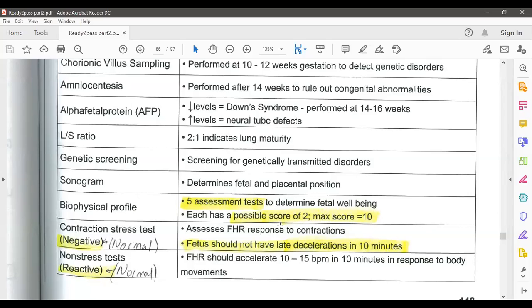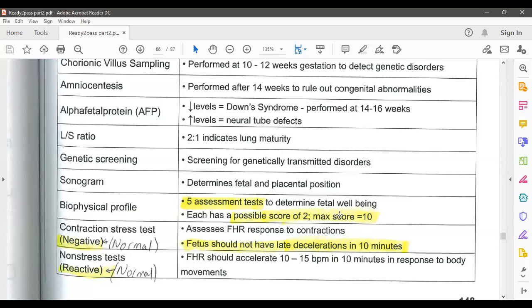Biophysical profile uses real-time ultrasound technology to assess fetal well-being, right? And the scoring, I said, each has a possible score of 2 and the maximum is 10.